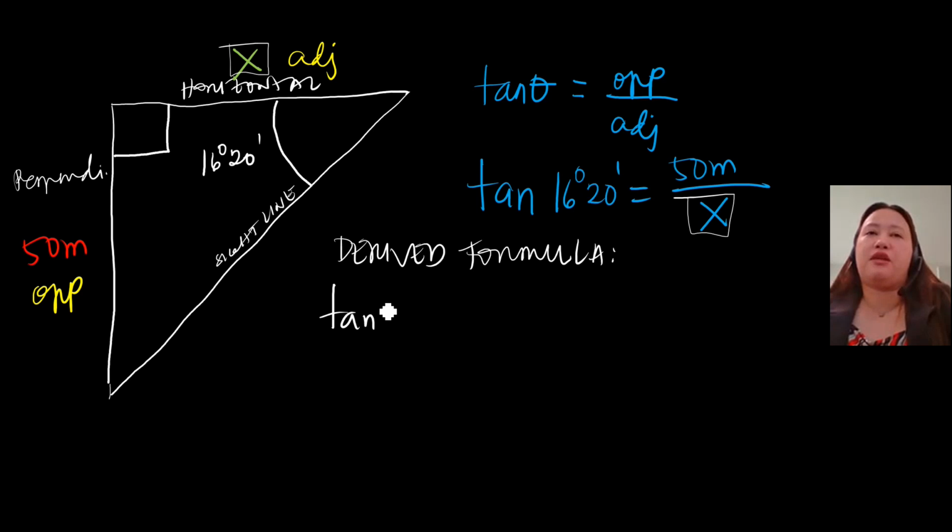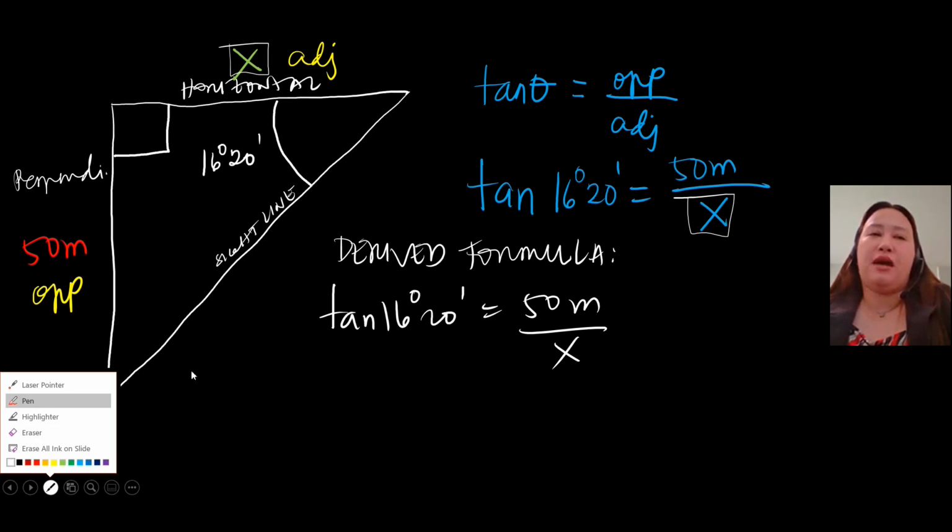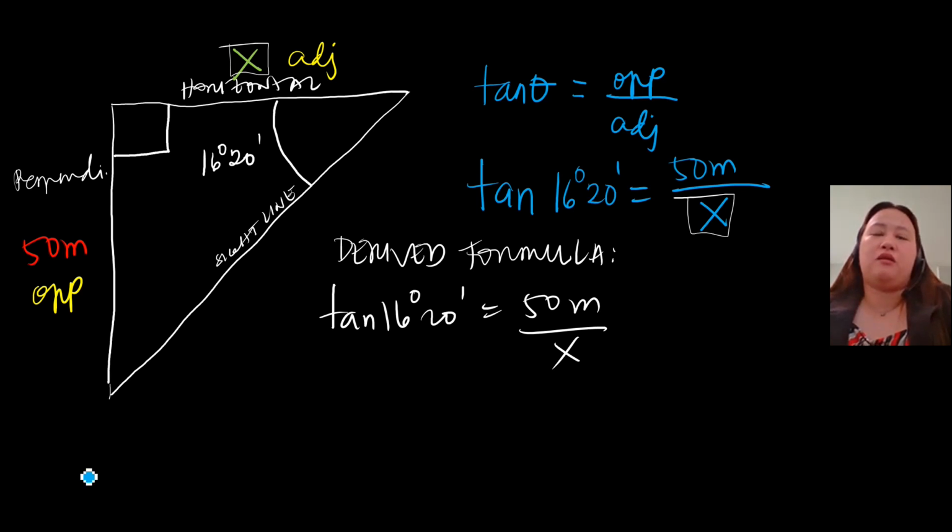So we have here tangent 16 degrees and 20 minutes equals 50 meters over x. The first thing that you need to do, since the formula of x needs to be derived, is to write the unknown on one side only without any other terms. So what you can do is multiply both sides by x.